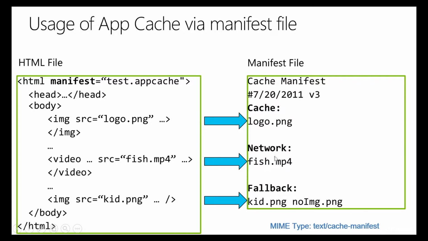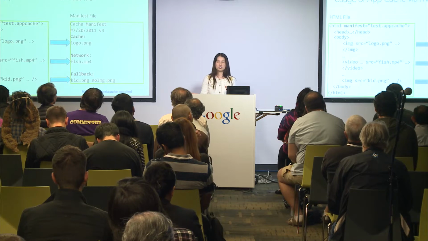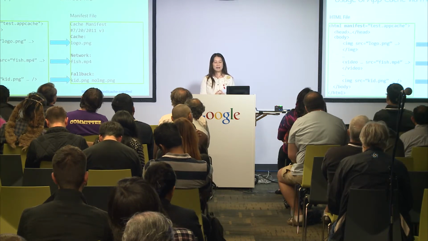I want to get, say, fish, an MP4 file, from the network and cache it. Or I want some fallback images in case my app is not working. So all those things you capture in the manifest file, and you could configure it the way you want. Very easy. One mechanism to do this is to use app cache, and you could use it for a lot of applications, both online and offline.